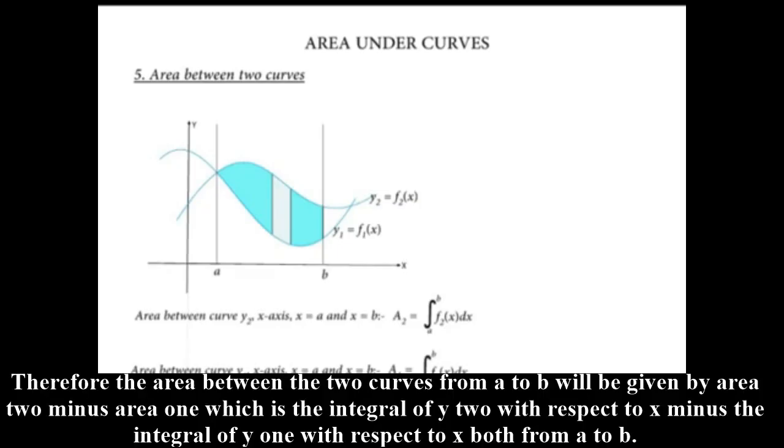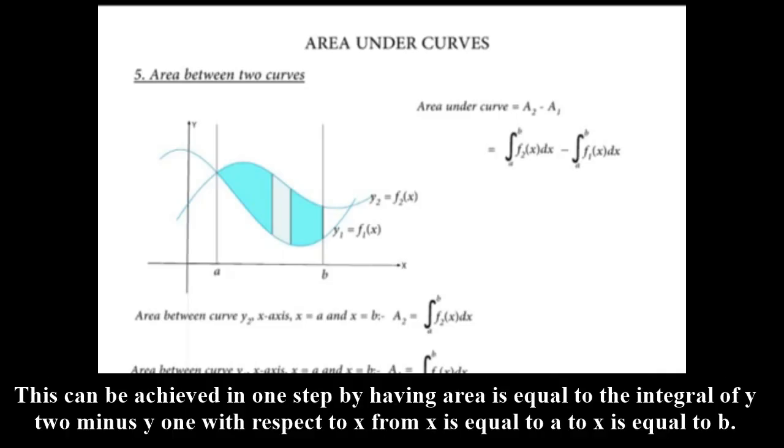Therefore the area between the two curves from a to b will be given by area 2 minus area 1, which is the integral of y2 with respect to x minus the integral of y1 with respect to x both from a to b. This can be achieved in one step by having area is equal to the integral of y2 minus y1 with respect to x from x is equal to a to x is equal to b.